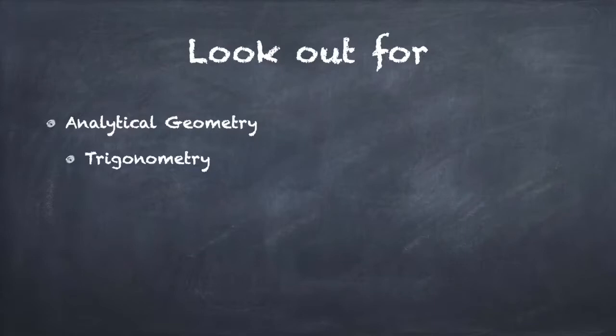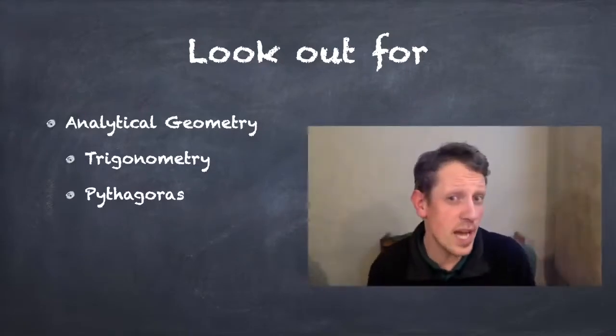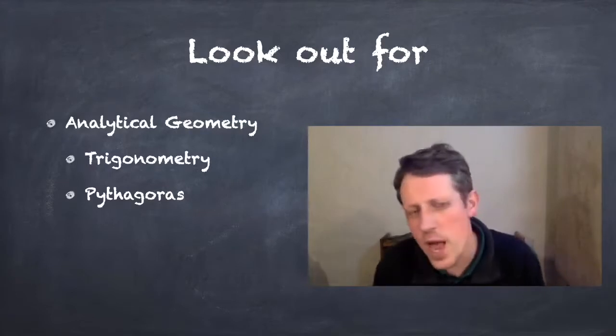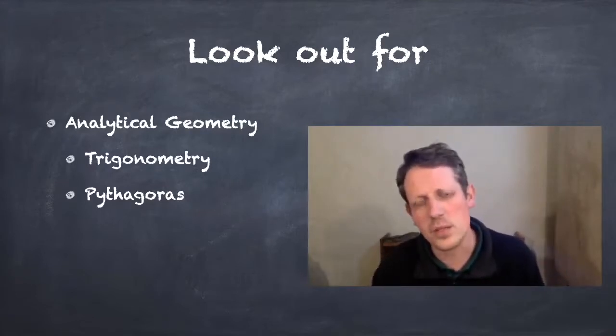Cos is adjacent over hypotenuse. Tan is opposite over adjacent. Look out for those in analytical geometry. Look out for Pythagoras. When there's a 90-degree angle, say you've got a radius and a tangent, you can use Pythagoras.